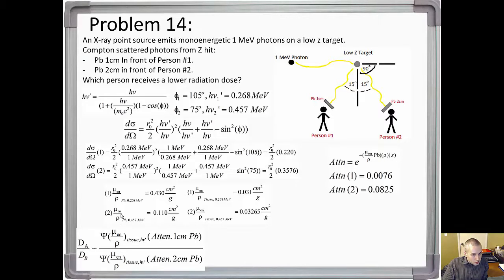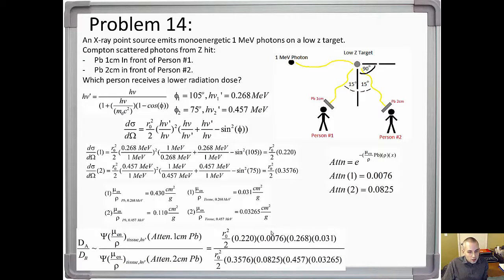I input each μen over ρ for lead at each energy, and I was able to calculate the attenuation for each. Now I have the scattered energy. We're going to be putting this into our dose ratio because this is the energy fluence. Energy fluence can be broken down into energy and fluence.